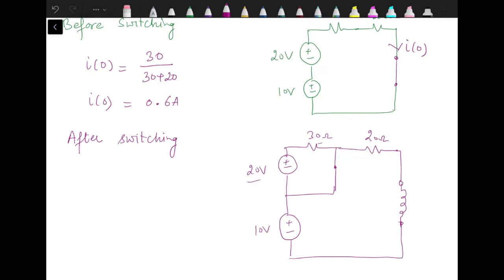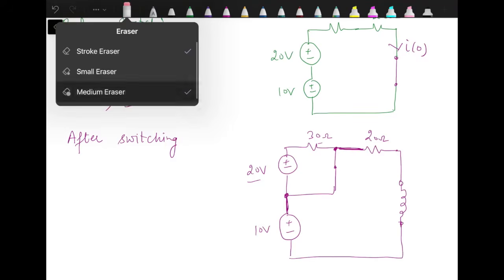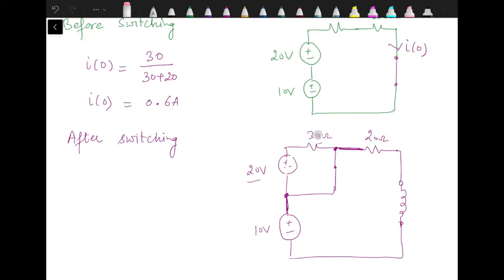So 20 volt and 30 ohm are connected in parallel with the short circuit. So they will actually get short circuited, so they will not be part of the circuit anymore.